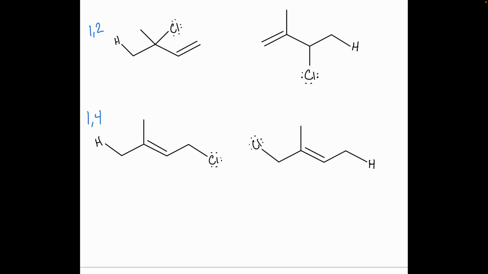If you're having trouble seeing where I got these products from, you want to convince yourself by drawing that reaction mechanism. We talked about our reaction mechanisms for these electrophilic addition reactions.